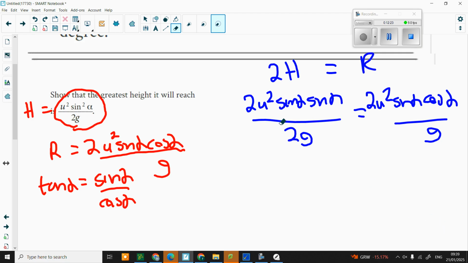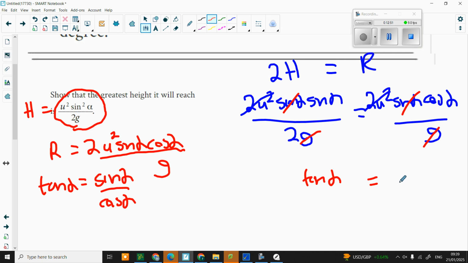Now what's going to happen, guys? 2u squared cancels with another. G cancels with. Sine alpha cancels with. Bring the 2 upwards. Is that right? Tan alpha equals 2, is it? Yeah. Tan alpha.